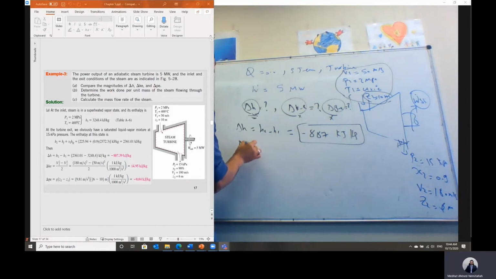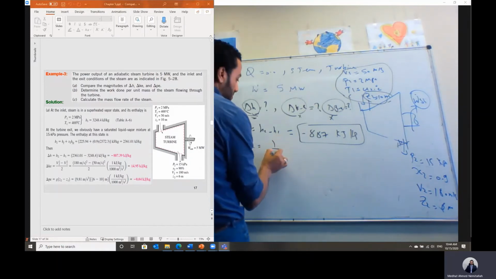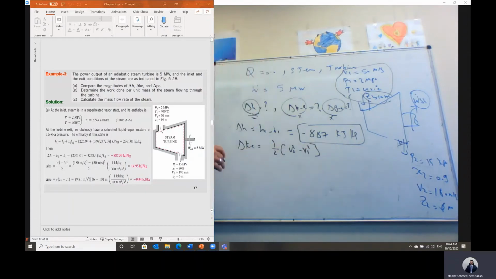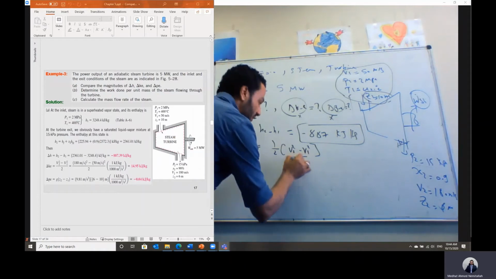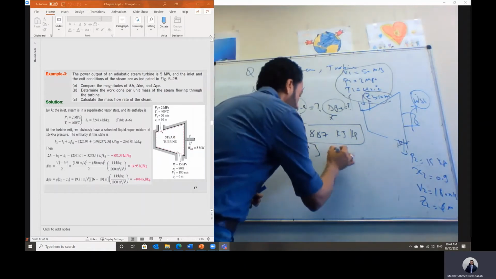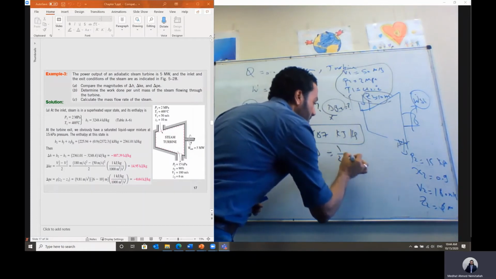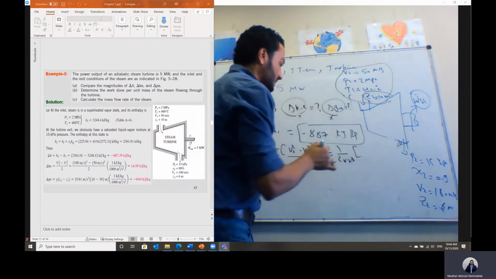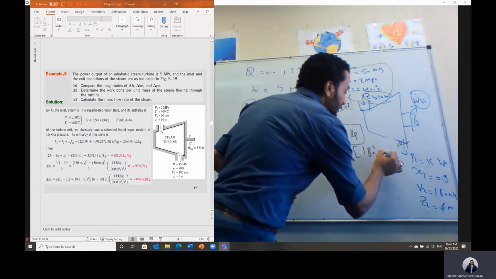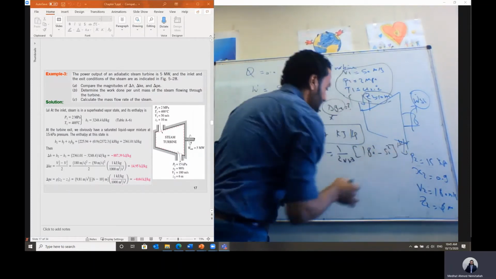But what about the second term, the change in kinetic energy, which equals half V2 squared minus V1 squared? Usually all terms are in kilojoule per kilogram, so we have to divide this by 10 to the power 3. So just substitute: 1 over 2 over 10 to the power 3 multiplied by V2 squared, which is 180 squared, minus V1 squared, which is 50 squared.